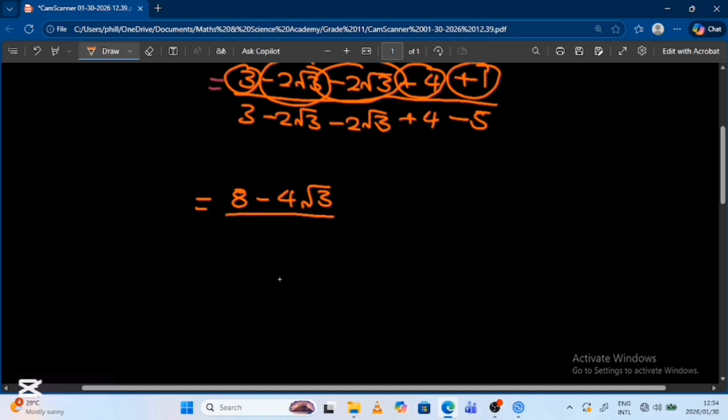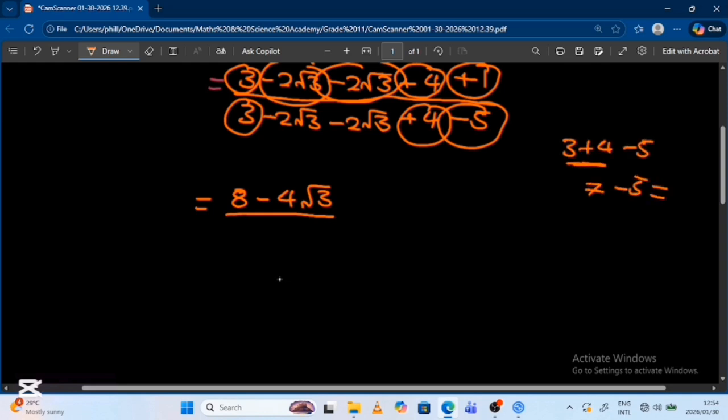All over, on the denominator, we have 3 plus 4 minus 5. We know that 3 plus 4 is 7, minus 5, which is 2, a positive 2. And also negative 2 root of 3 and negative 2 root of 3 gives us negative 4 root of 3.